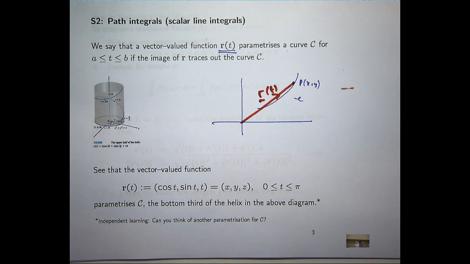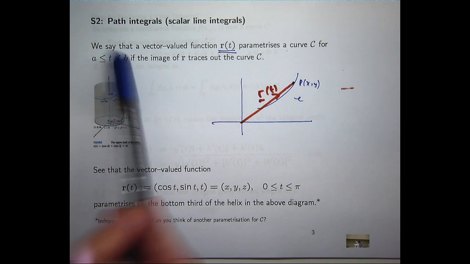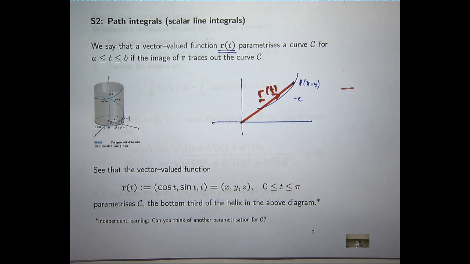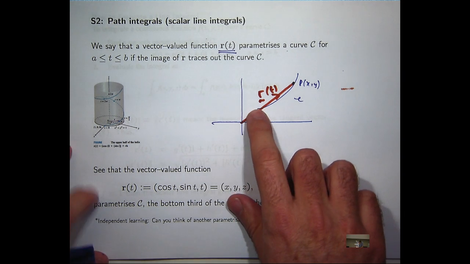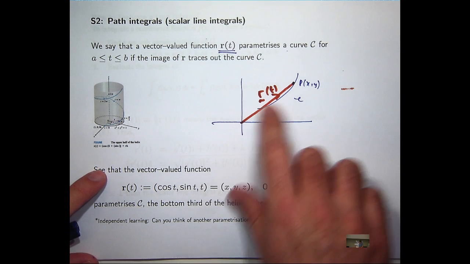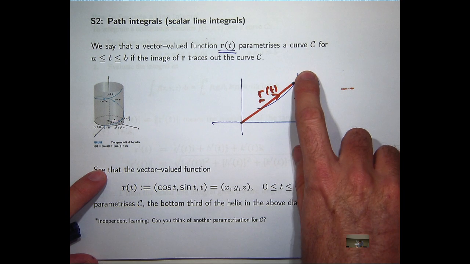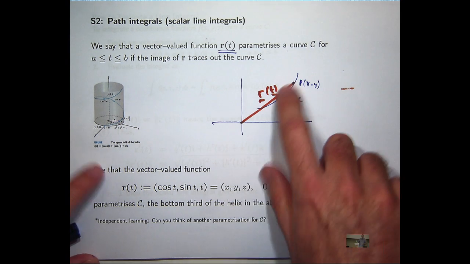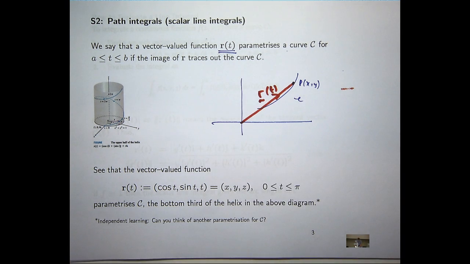Now, for the t values between a and b, this point corresponds to t equals a, and this point corresponds to t equals b. As t increases from a to b, the vector will move around and trace out that curve.